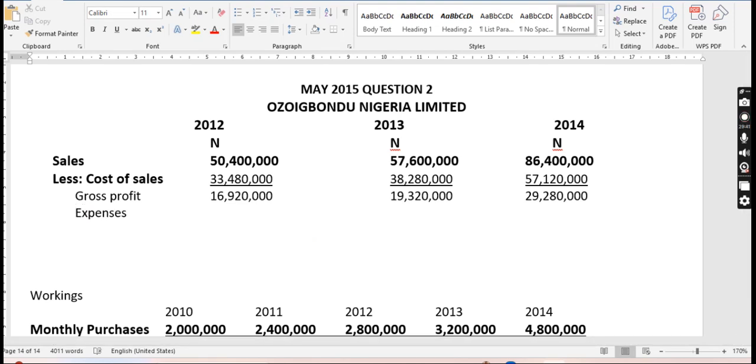I don't want to put cash expenses. It is your expenses. 2,880,000. Next, for 2013, 3,360,000. Next, 4,320,000.